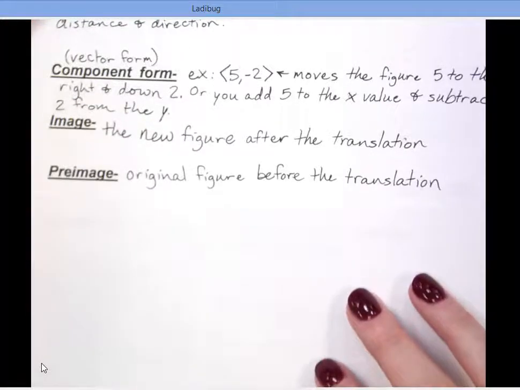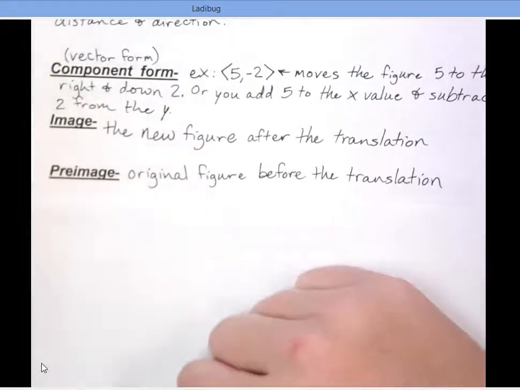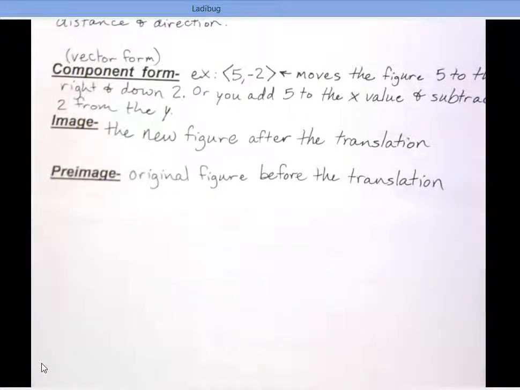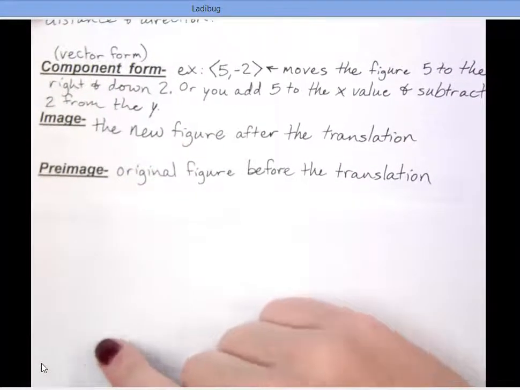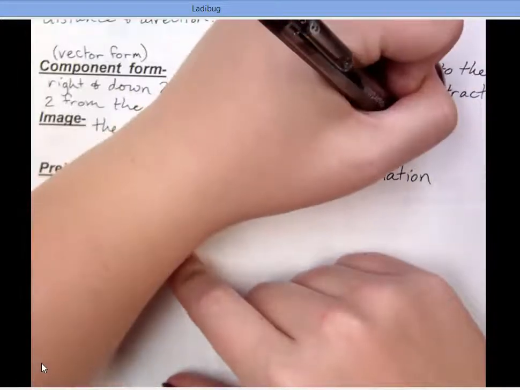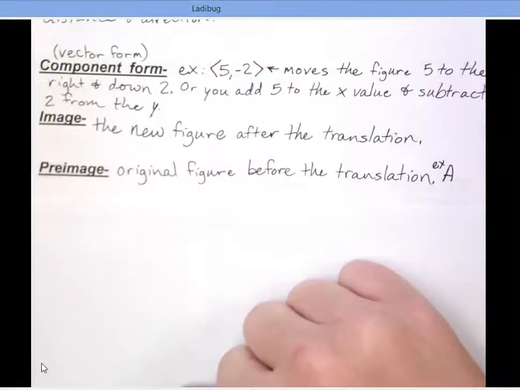Alright, for the last two, I'm going to show them at the same time, the image and the pre-image. The image is the new figure that you make after you translate it. The pre-image is what it is before it's translated. So a lot of times, let's say it's point A, then it would be just A for the pre-image.